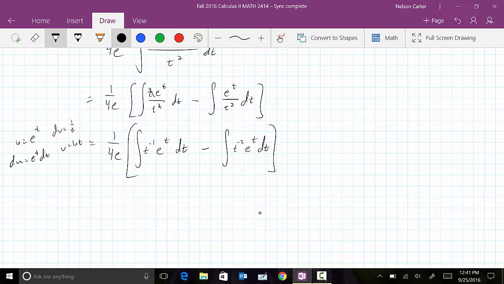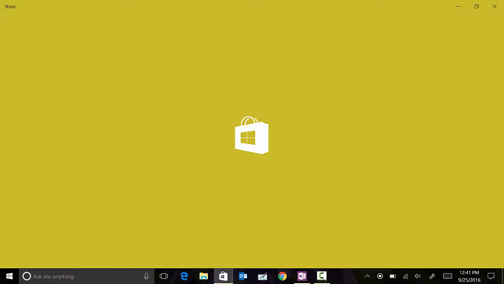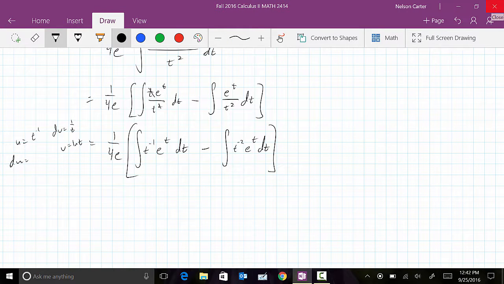Then what I could do is pick u to be t to the power negative 1, and that means du is going to be negative t to the power negative 2 dt, and that means dv is going to be e to the power t, and v is going to be e to the power t. Okay, so let's try that on that one.